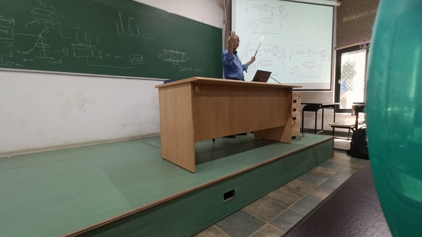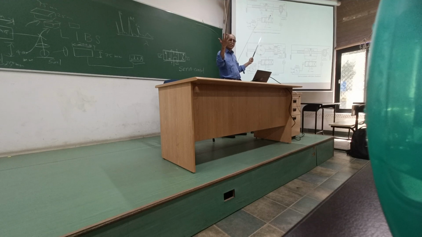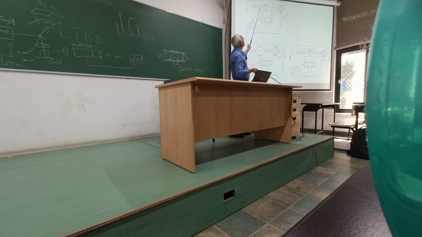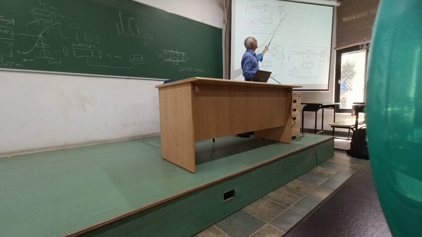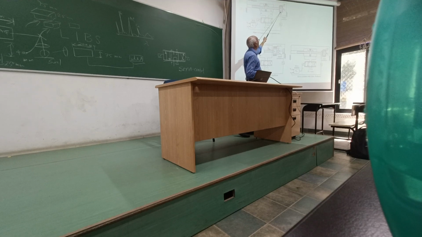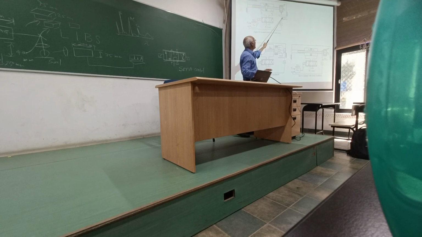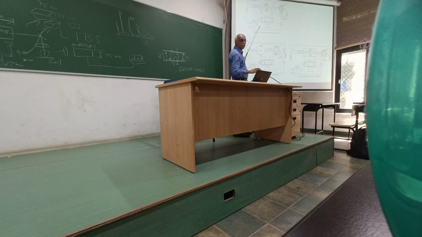However, there are three major outcomes that we generally look for in the mechatronic system. It is either position control, where the position transducer will pick up the signal depending upon the output position, and that is being fed back.